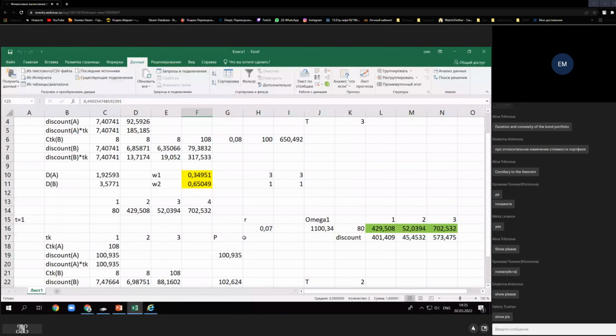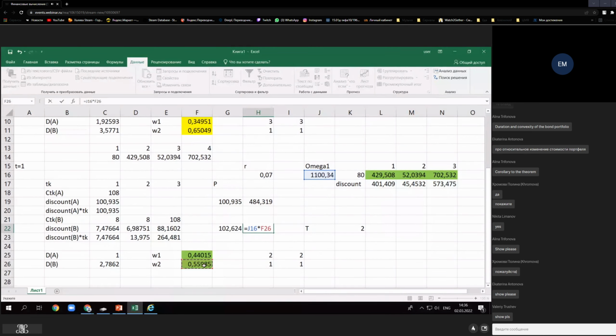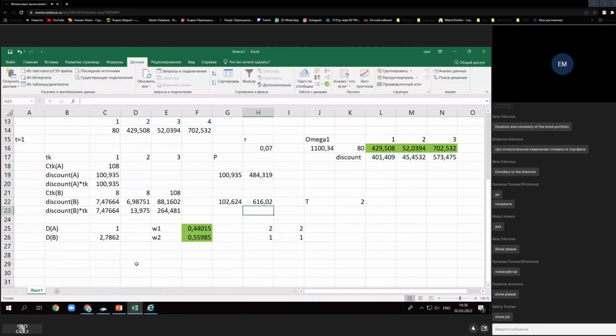Actually, it means that we will invest in the first bond the sum which will be equal to this one, and we will invest in the second bond the sum which will be equal to this one. So at this moment, we are ready to construct the new cash flow of our bond portfolio.